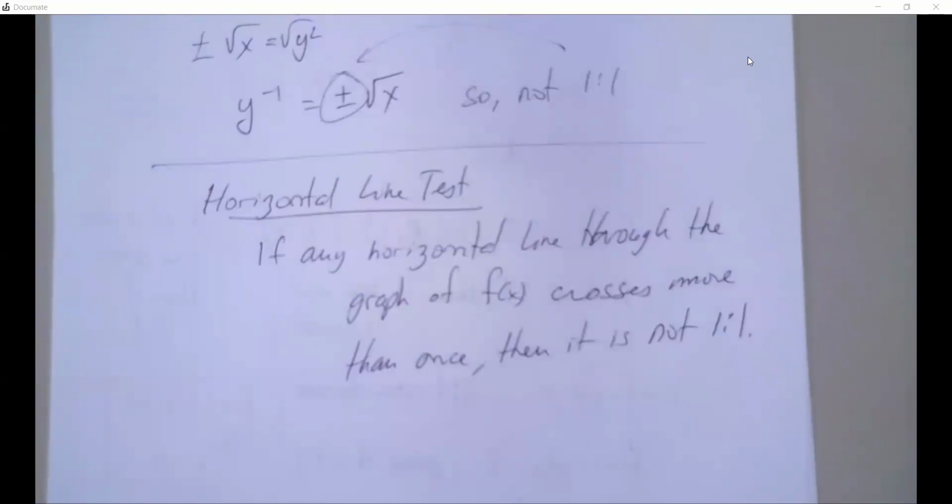If you draw a horizontal line and it crosses the graph more than once, it's not one-to-one.